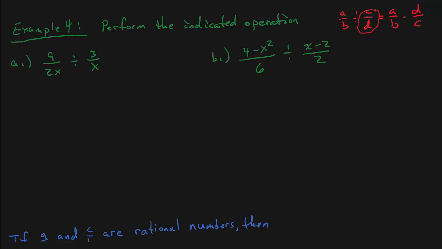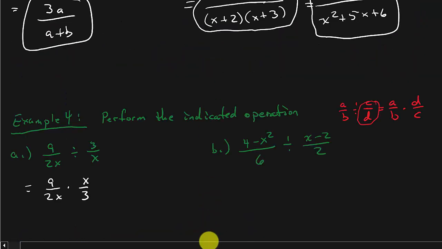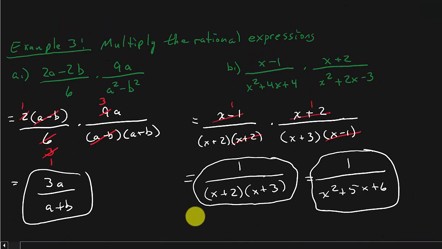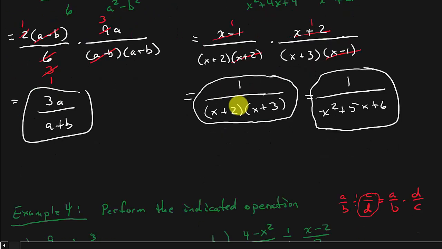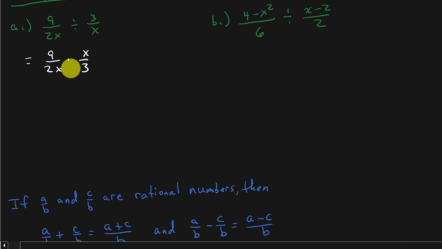So whenever you're dividing, first thing I would do is change it to multiplication. Okay? And then look, just this one step right here, now you're doing what you did up here with multiplication. So if you know how to multiply, you should know how to divide. You've just got to do this one step first, change it to multiplication.